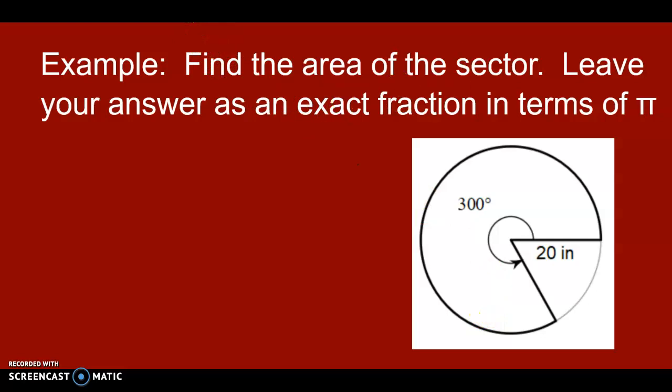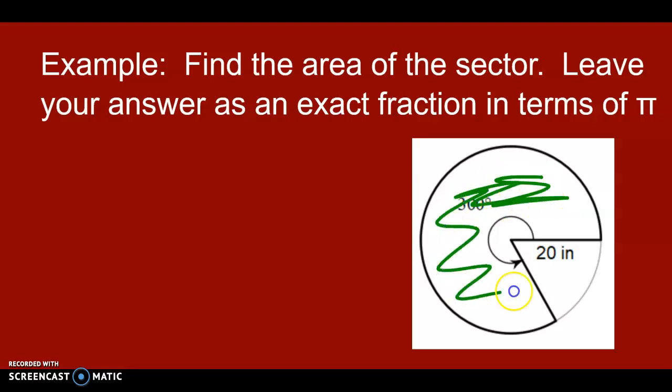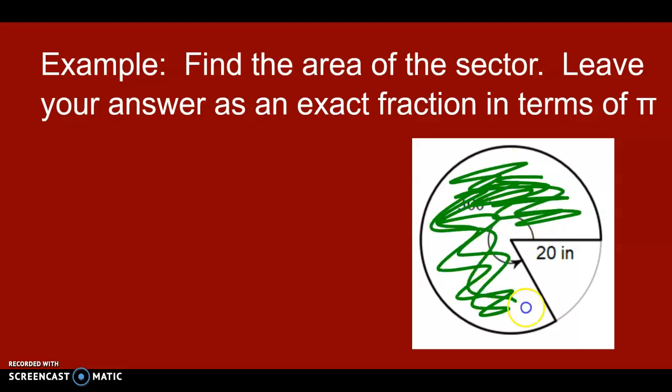So let's go ahead and start calculating how we can find the area of all of this region if we are given that that's a 300-degree angle. In other words, the arc is 300 degrees and your radius is 20.